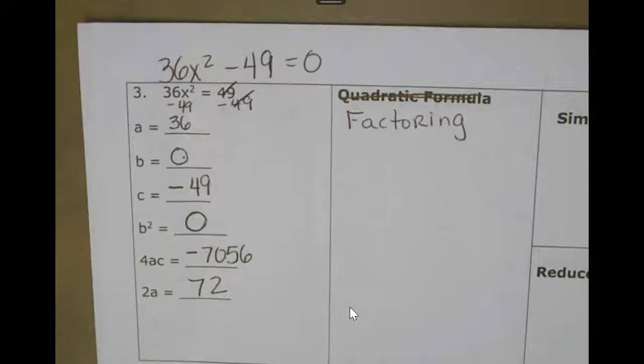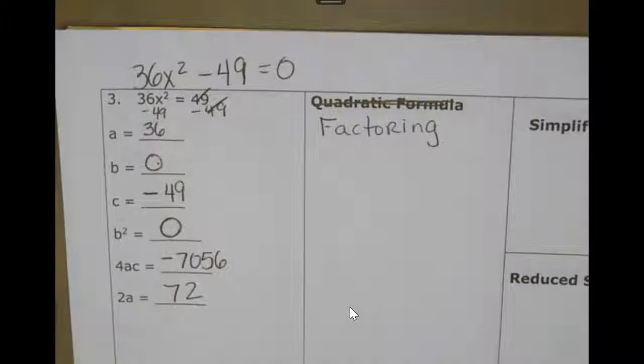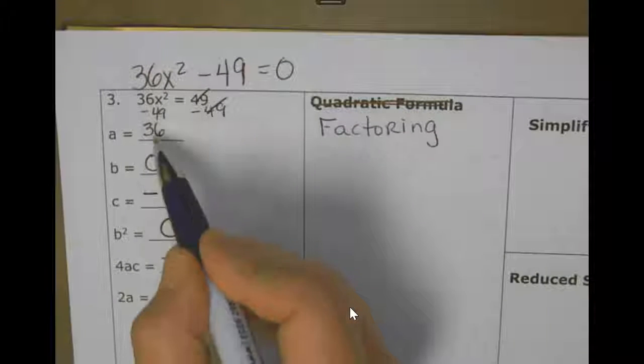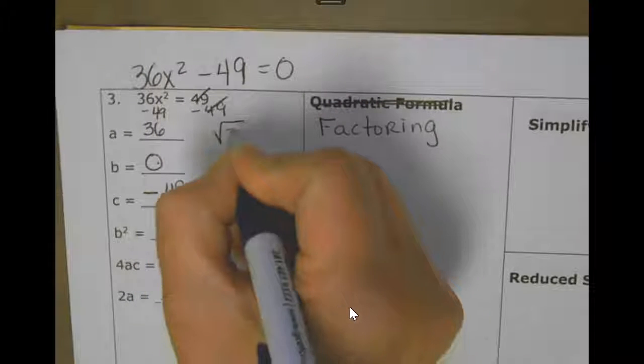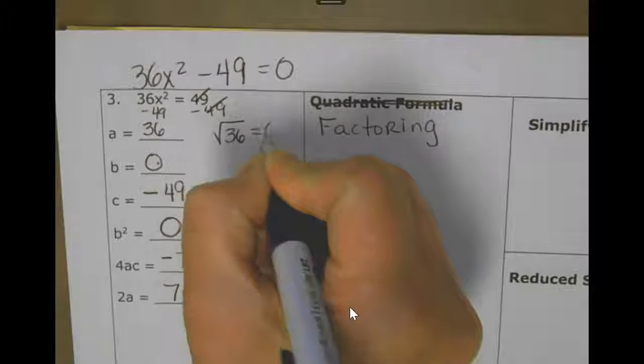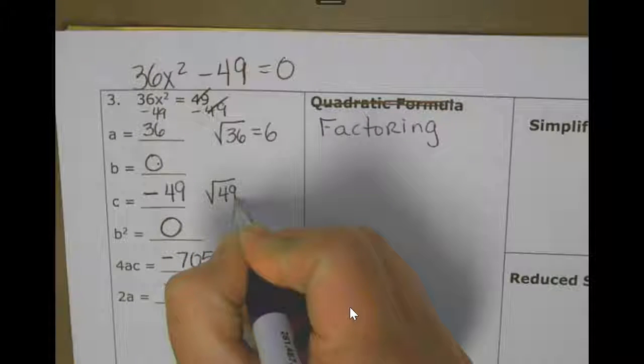So that's what I'm going to show you instead of the quadratic formula. The reason you can factor this easier than you can use the formula is because this is a perfect square number. What is the square root of 36? And what is the square root of 49?